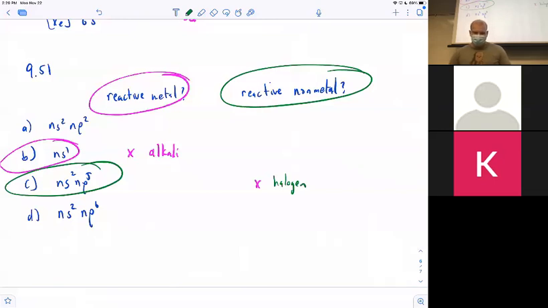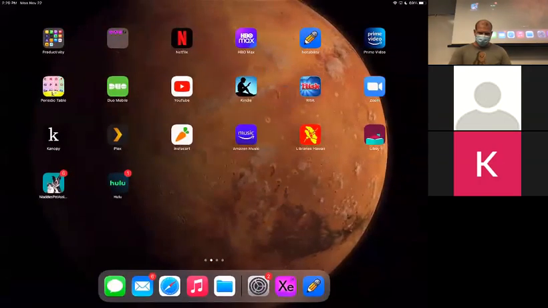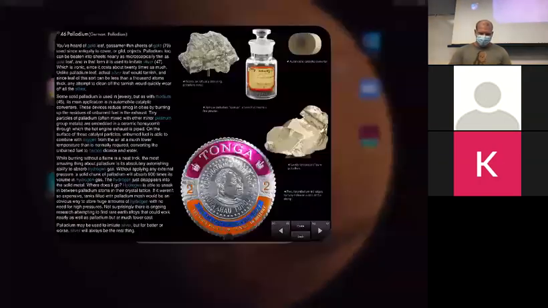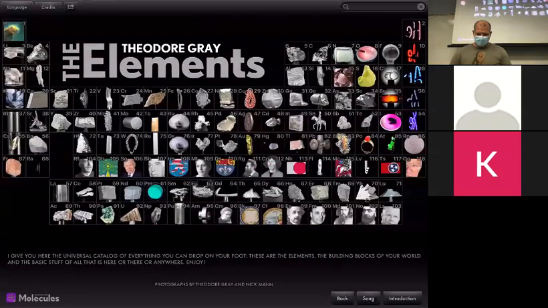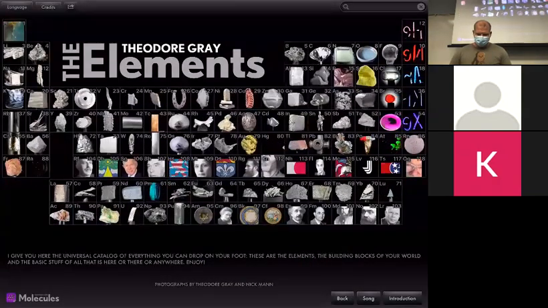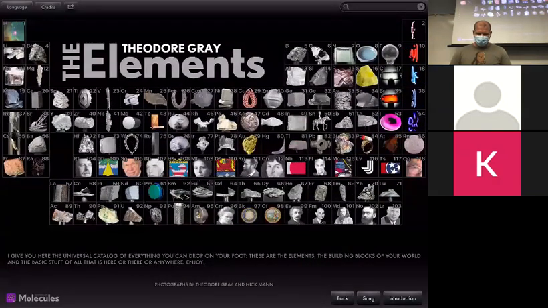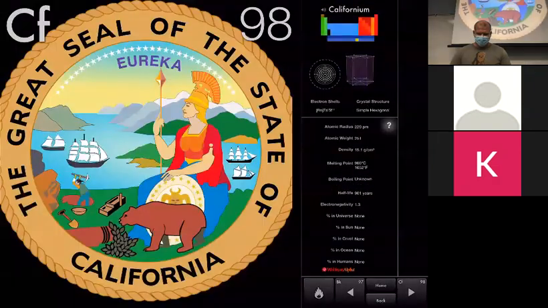But practically speaking, there's probably a pool of different elements. If you look at the last element that we probably use anything for, it's californium.